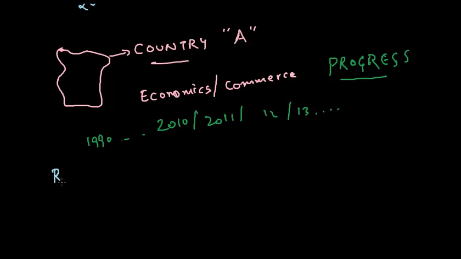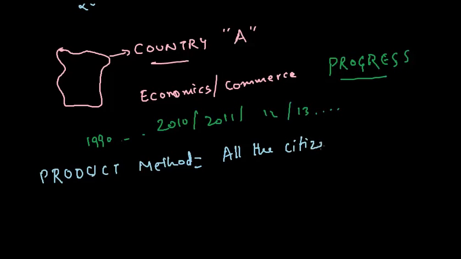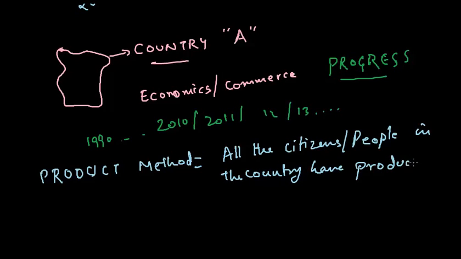Either they will go for the product method, where they see how much production our country has done, that is, all the citizens or all the people in the country have produced in a given year. Let's say a particular year, 2011 or 12 or 13, whatever.